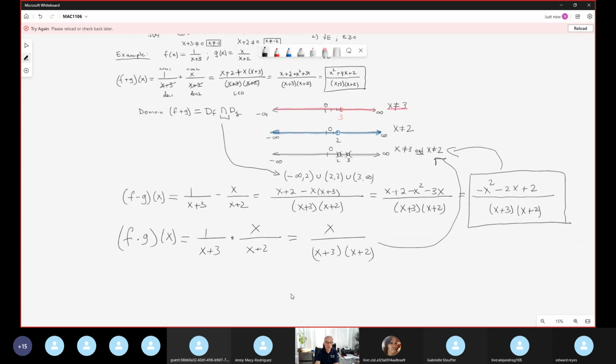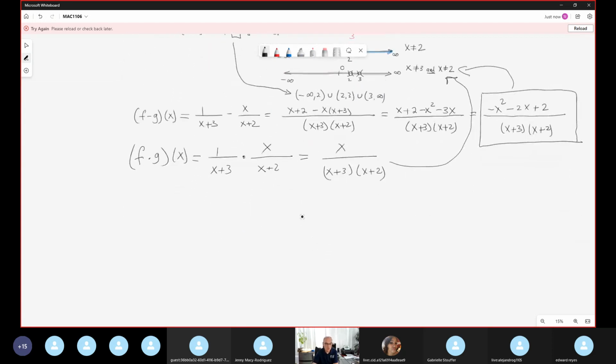Division, no. Division is always picky, and you need to be aware when facing division. Basically you divide f by g: 1 over x plus 3, divided by x over x plus 2. And with division, remember, you copy the first fraction, change the division problem to multiplication, and flip the second: x plus 2 over x.